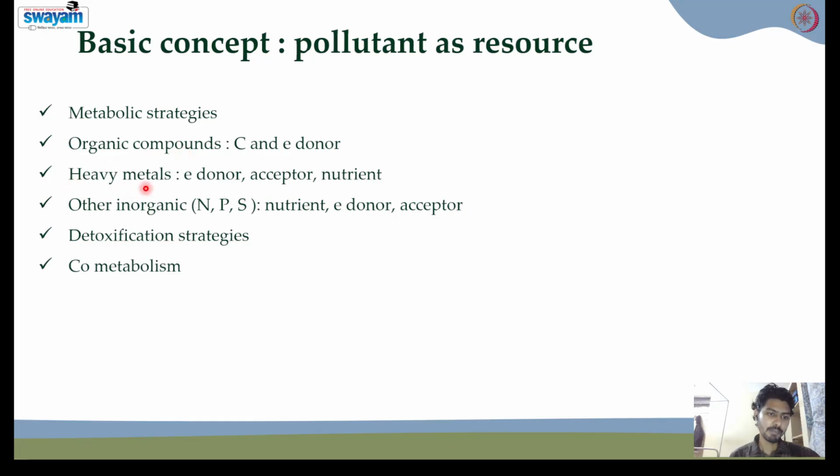And third are the heavy metals, and we already know heavy metals are often regarded as electron donors. Sometimes they can act as an electron acceptor or a micronutrient, because if they are present in a very high amount, they again become toxic to the microorganism.